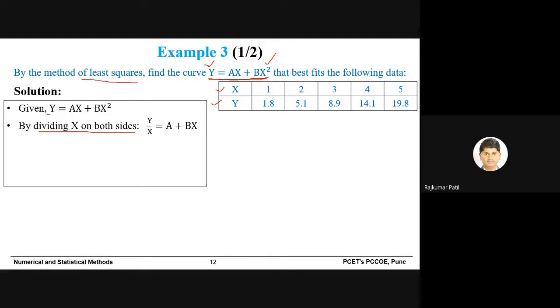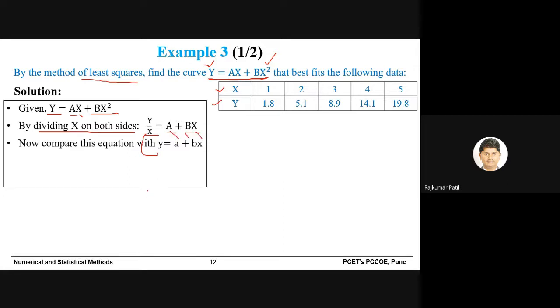So y will become y by x, ax becomes a, and bx square becomes bx. When you do that, the equation will be simplified to Y is equal to A plus BX.